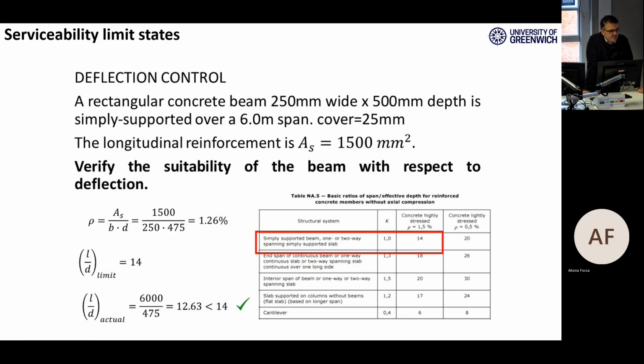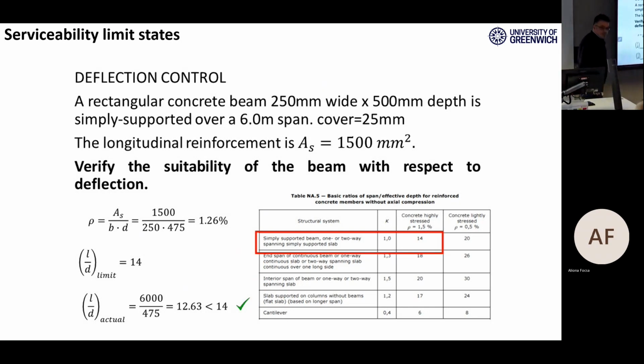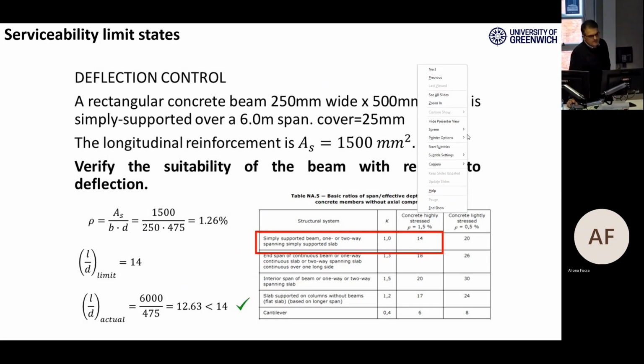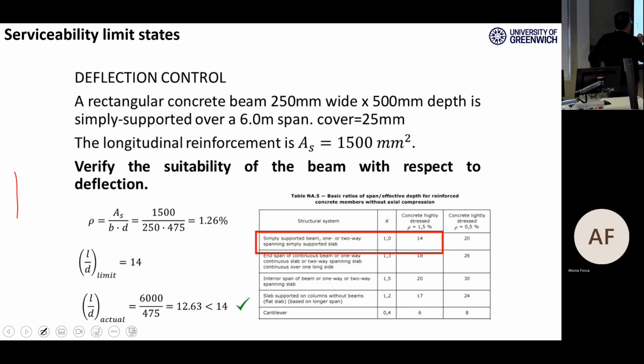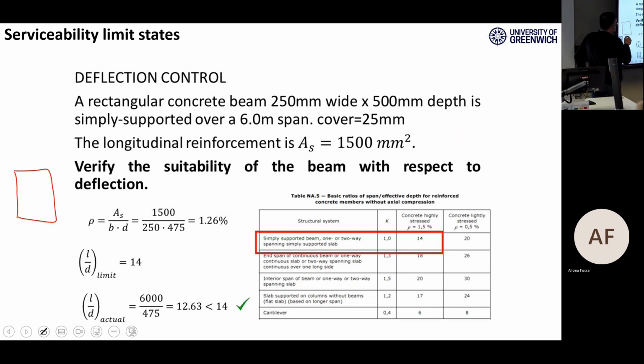The example says: in a rectangular concrete beam, 250 millimeter wide, 500 millimeter depth. So I'm talking about a beam like this. This is 250 millimeter, and this is 500 millimeter.